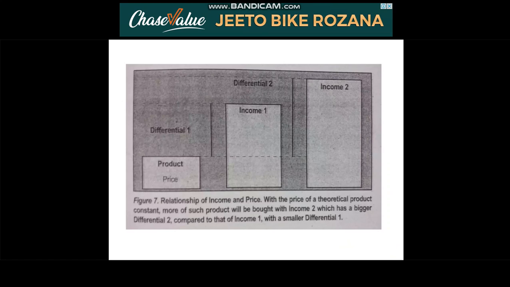Differential 1 is the product price, and differential 2 is income. With the price of a theoretical product constant, more of such product will be bought with income 2, which has a bigger differential 2 compared to that of income 1 with a smaller differential 1.